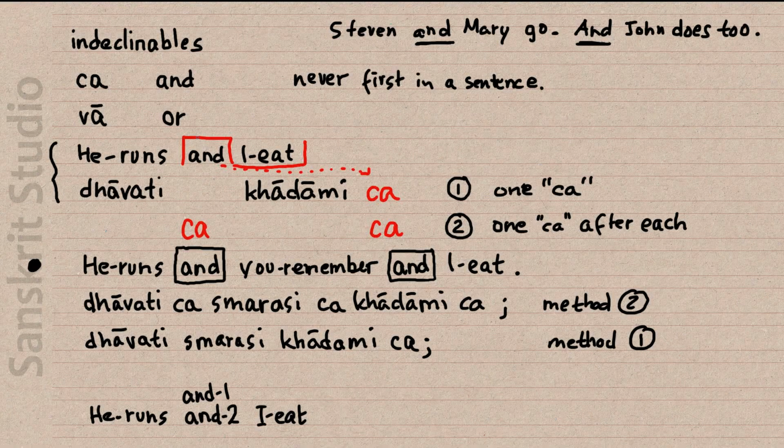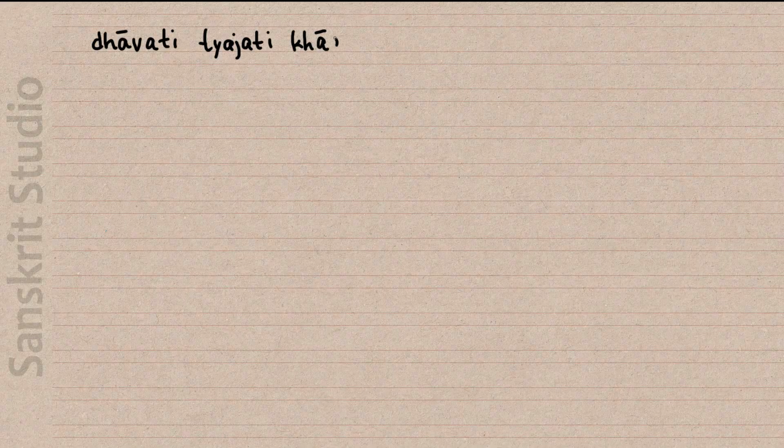Then we can talk a little bit more about this. Let's go to another sheet here. So in the previous examples we had just one word where we were connecting, and in that case, if we had 3 verbs, for instance, let's take the latest 3 words: dhāvati, tyajati, and khādati, cha.